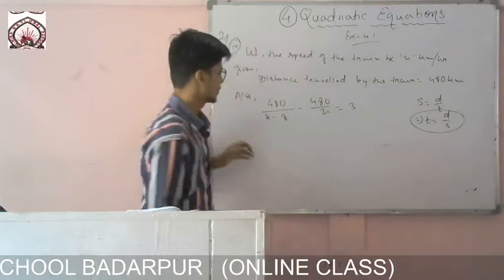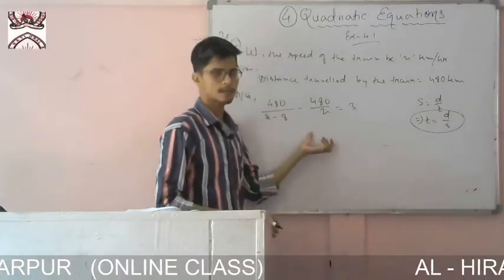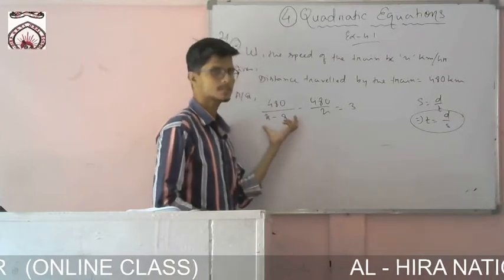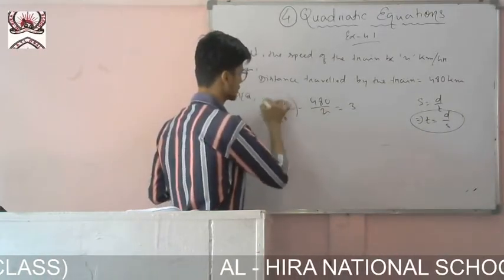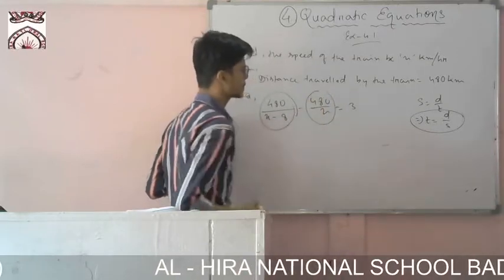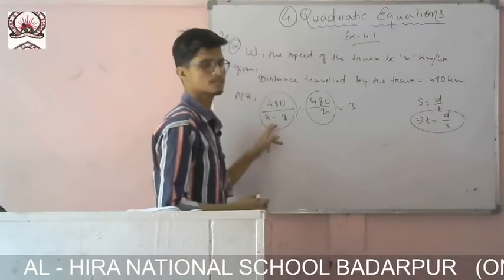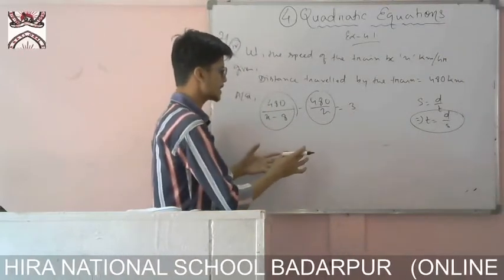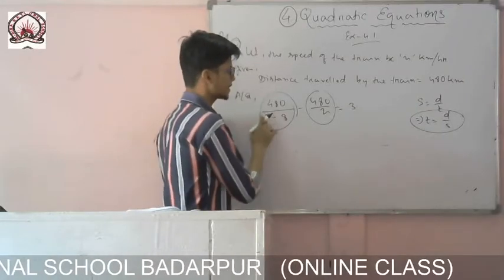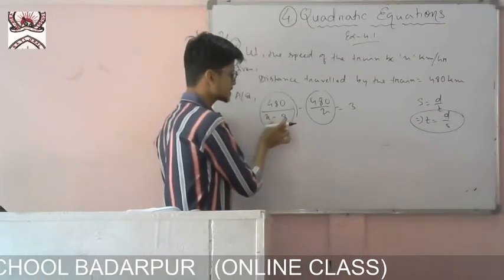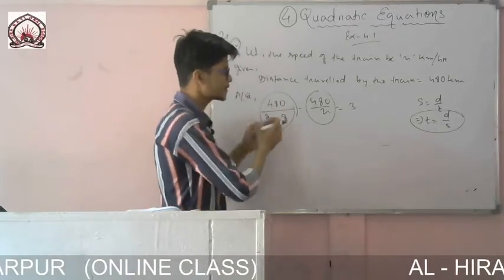What happens if I decrease the speed? It will take more time. That means this time is greater. This is the time. Here time equals distance by speed. If I decrease the speed, then this one will be greater, because the speed is less, so it will take more time.